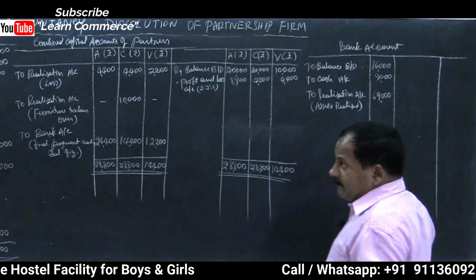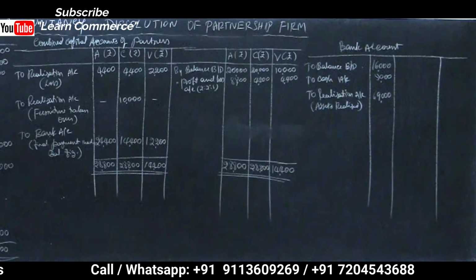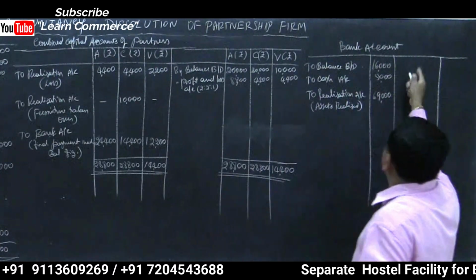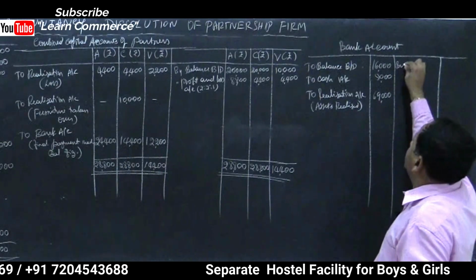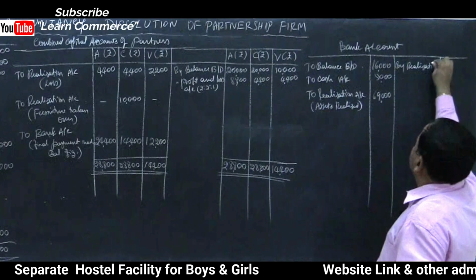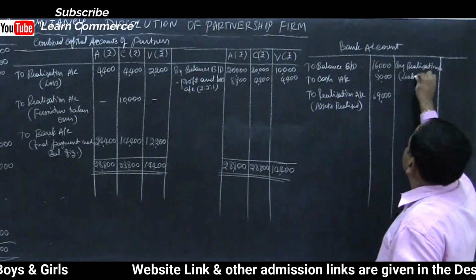Moving on to the credit side, refer here, realization account debit to bank account, liabilities paid off. So bank account is credited by realization account, liabilities paid off.